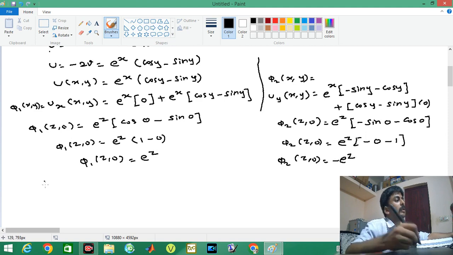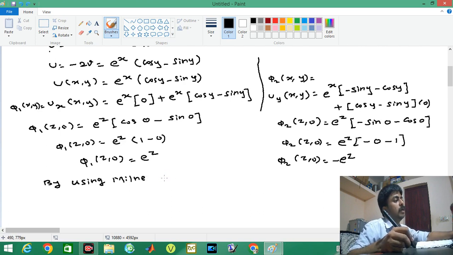So by using the Milne-Thomson method, what will be the formula when u is given?